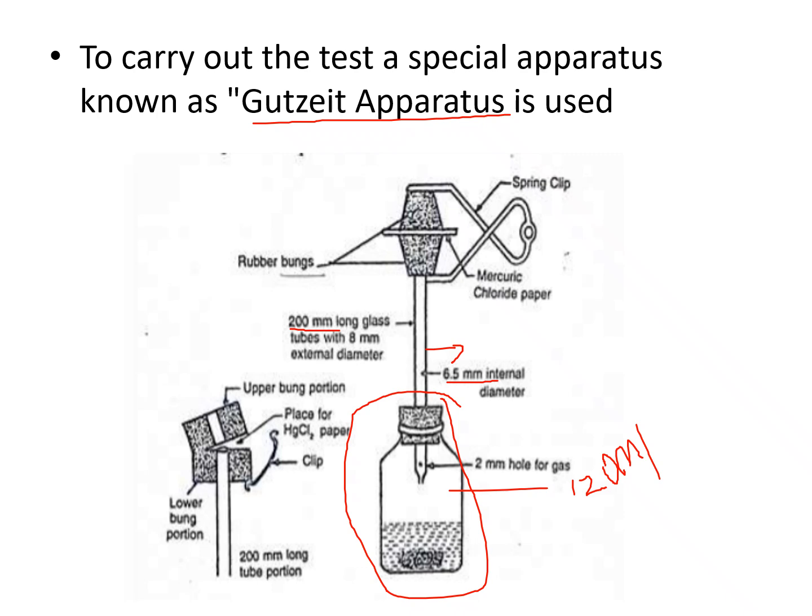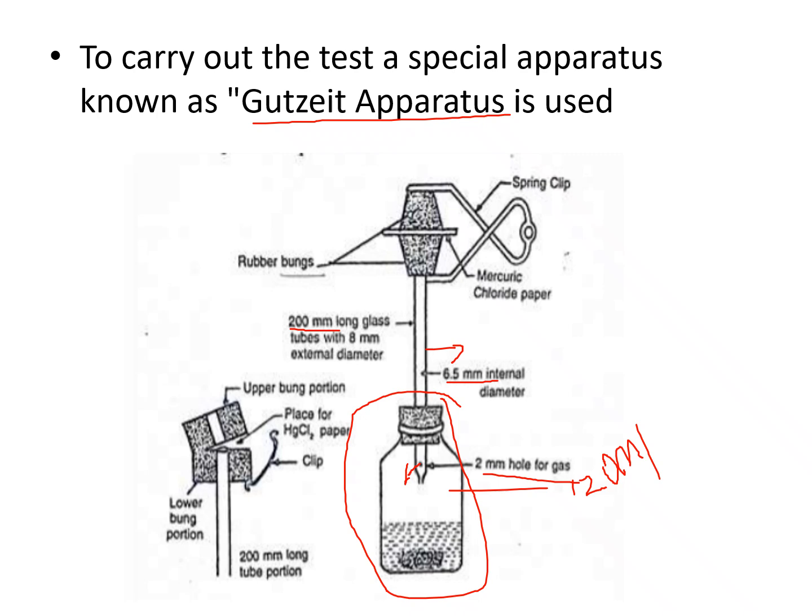You can see the hole here, which has a 2 mm size, and the hole produces smooth and slow passage of arsine gas.